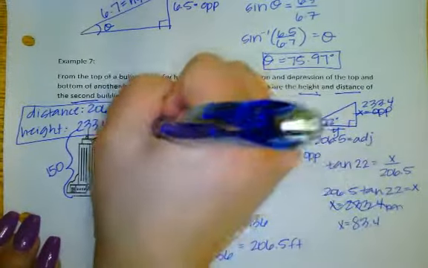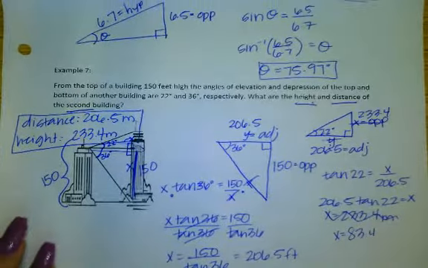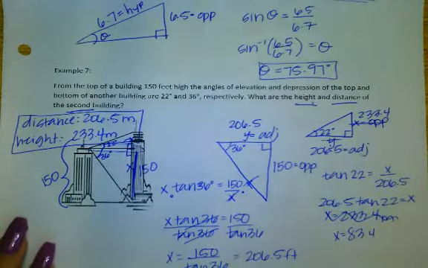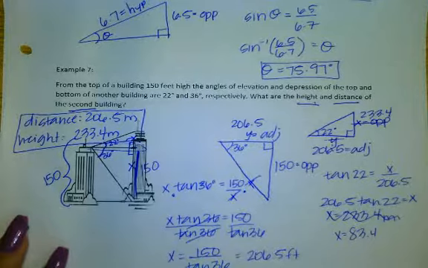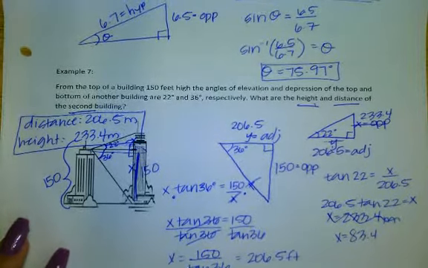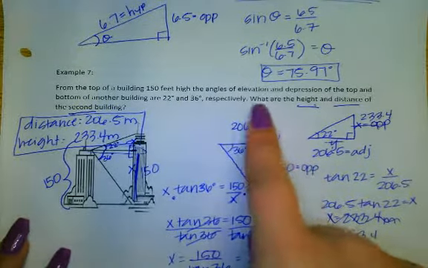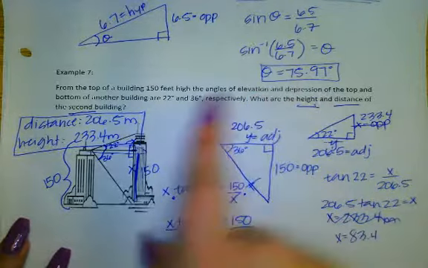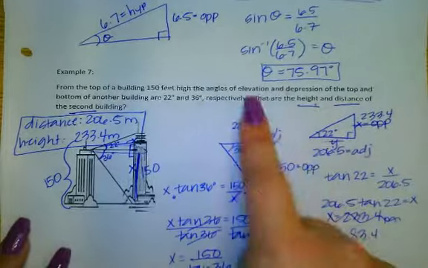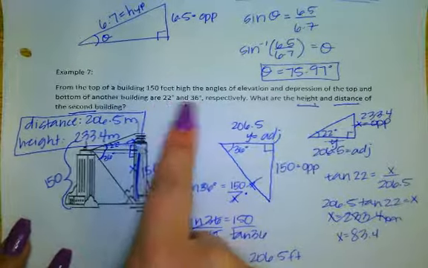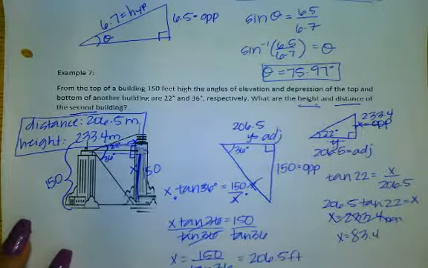Yes. How did you know which two angles were the elevation and depression again? Because elevation and depression, and then it says respectively, so it goes in the same order. So like elevation came first, then depression. Like looking at the picture, how do you know it's not one of the other two angles? Well, remember your depression always has to be in the upside down triangle.